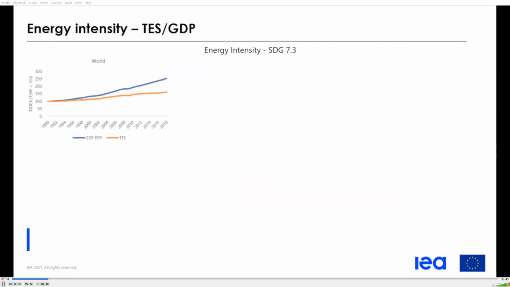Energy intensity is a measure that is often used to assess the energy efficiency of a particular economy. The numerical value is traditionally calculated by taking the ratio of energy supply to gross domestic product, indicating how well the economy converts energy into monetary output.